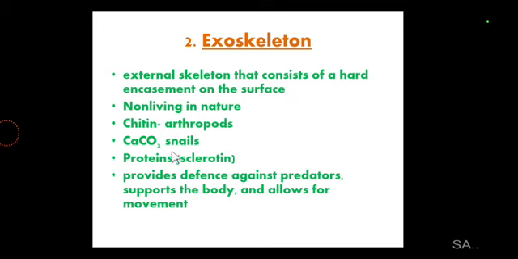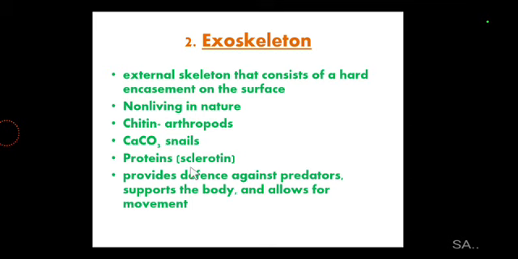And in case of snails, you can see their shells are made up of calcium carbonate, and the shells are actually made with the help of the mantle. So the calcium carbonate is forming the shell of snails that is giving protection to their body.